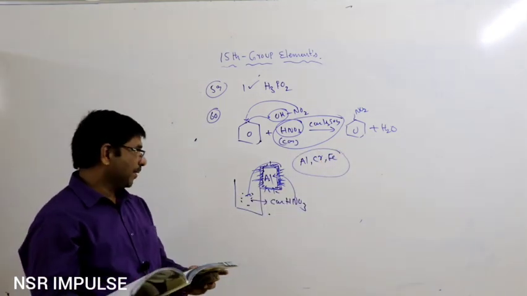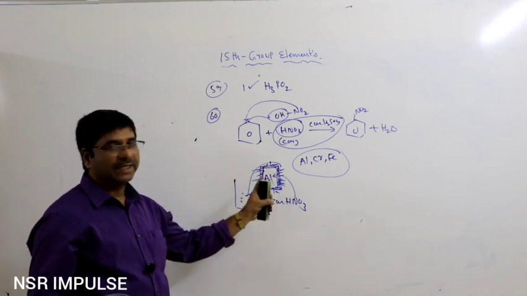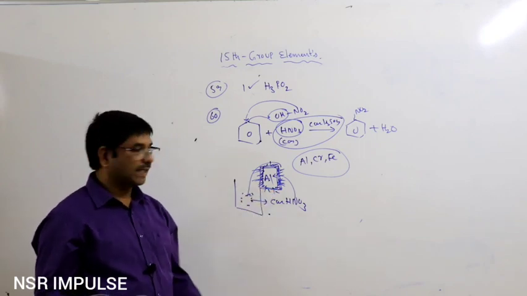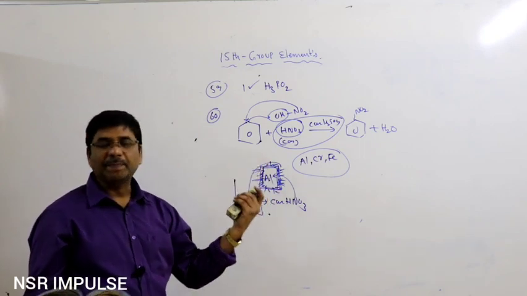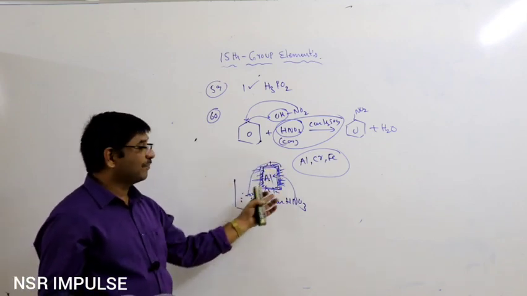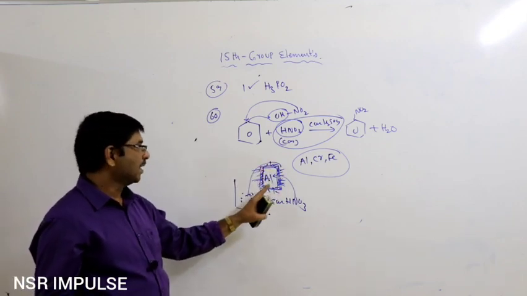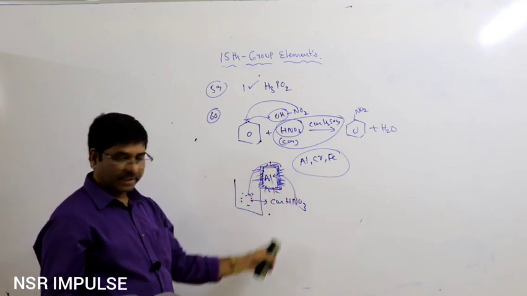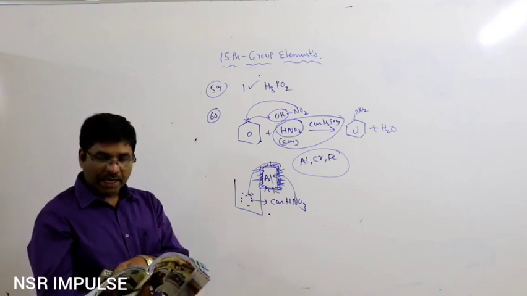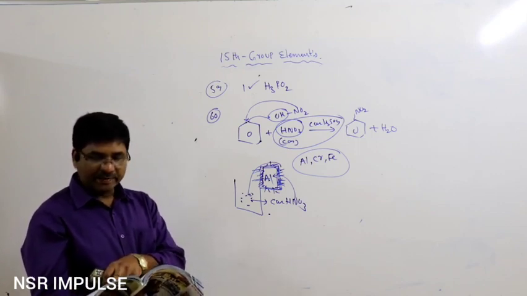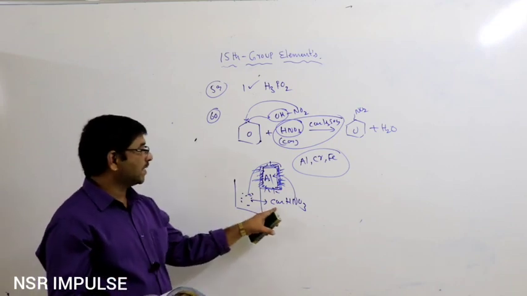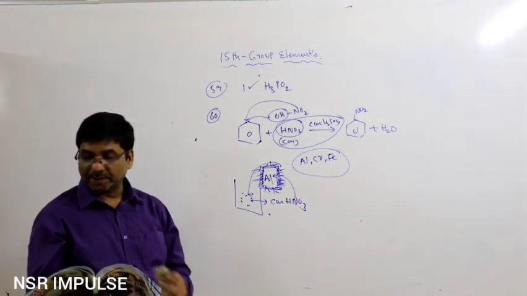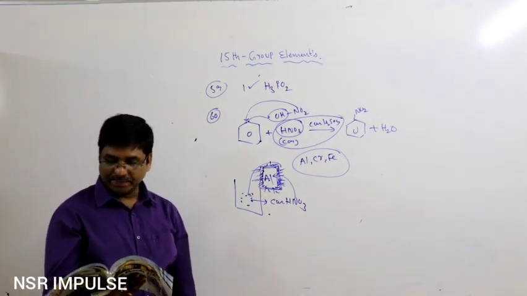The reaction occurs initially only, after that no reaction, and that is called passivity. This is very important for competitive exams. So the answer is iron is rendered passive with concentrated HNO3, and not only iron, but also aluminium in first year and chromium metal.